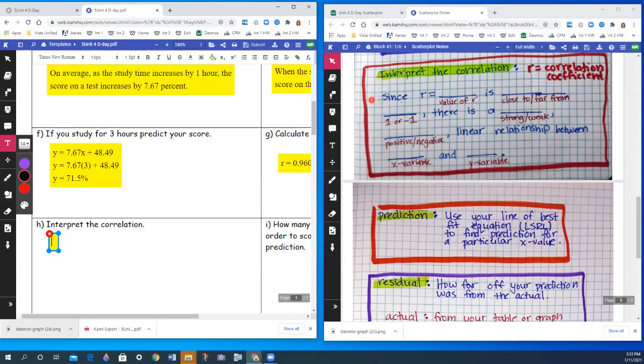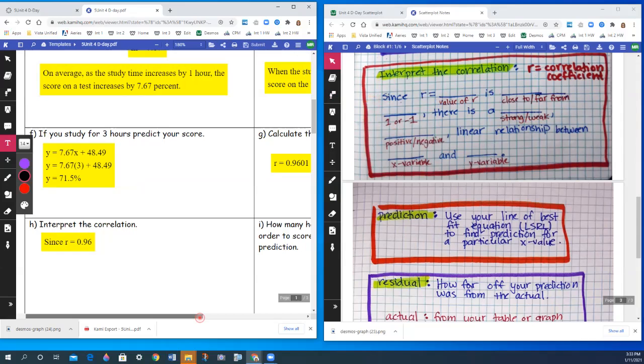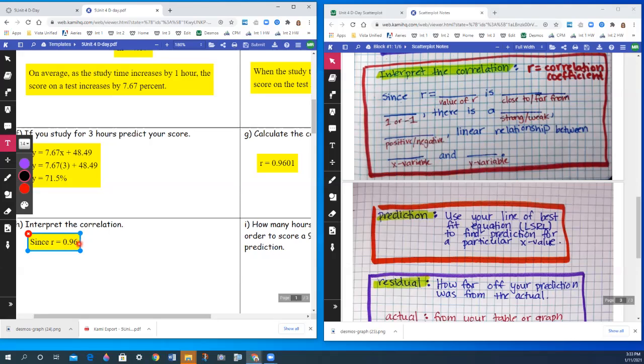Since R equals 0.9601, 9601 is, and then we're going to say either close to or far from. So this is going to be close to, and then we say either close to or far from 1 or -1. Since my R is positive, I say 1.